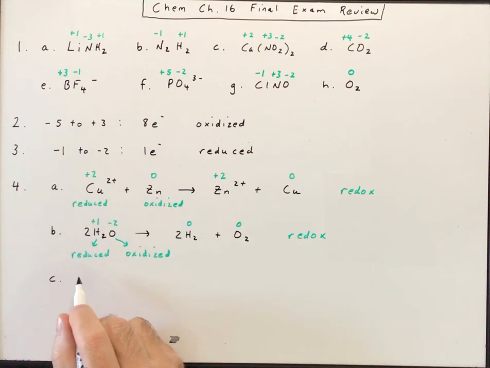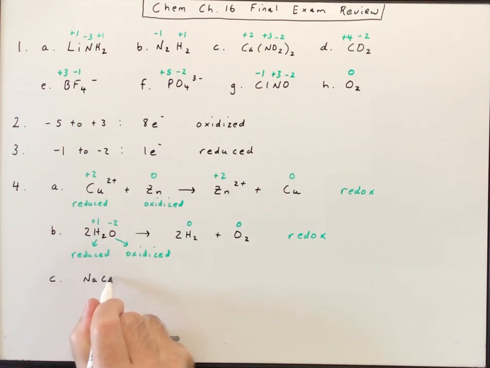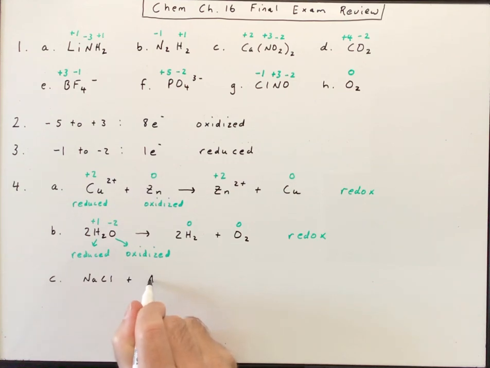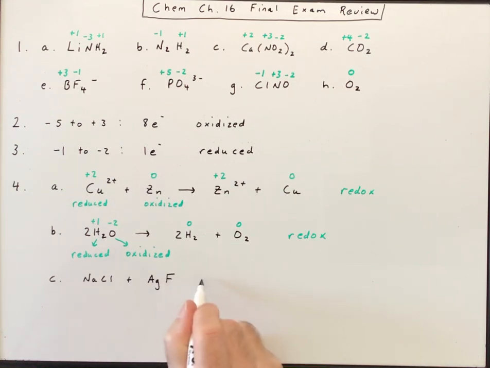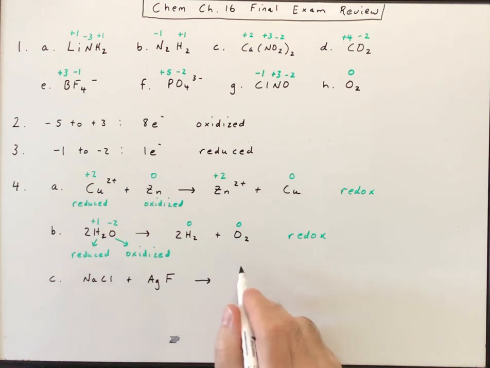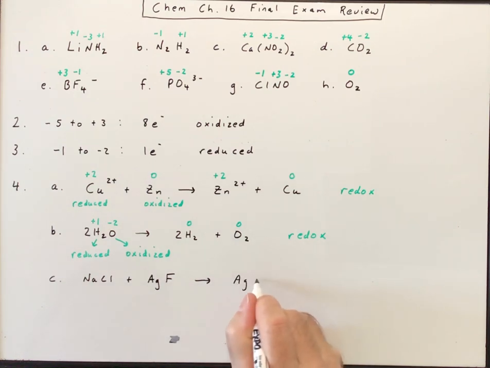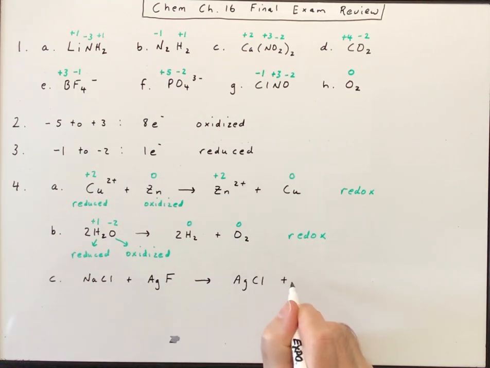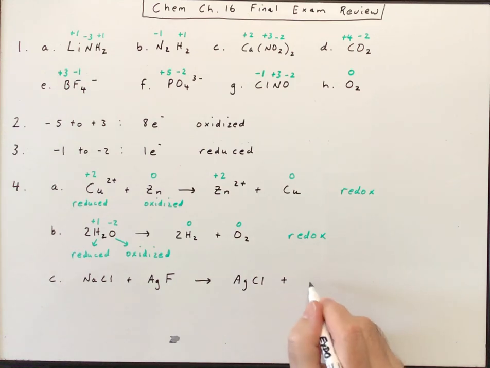All right, part C, we have NaCl, sodium chloride, plus silver fluoride. And that yields silver chloride plus NaF.